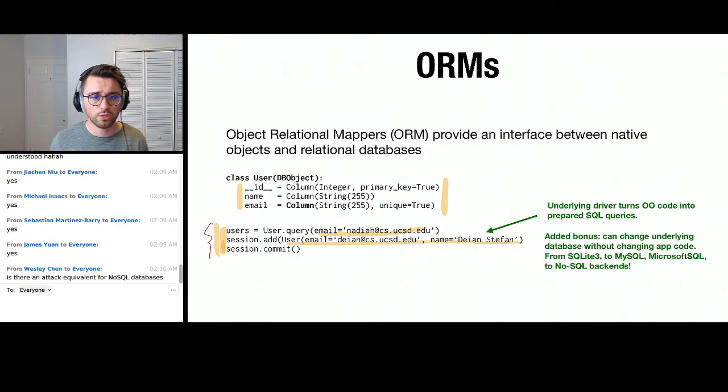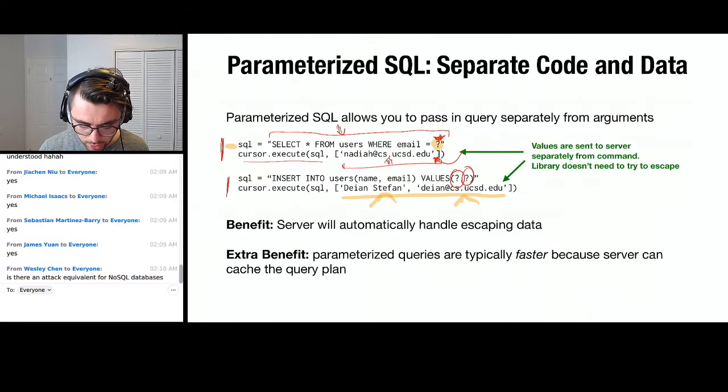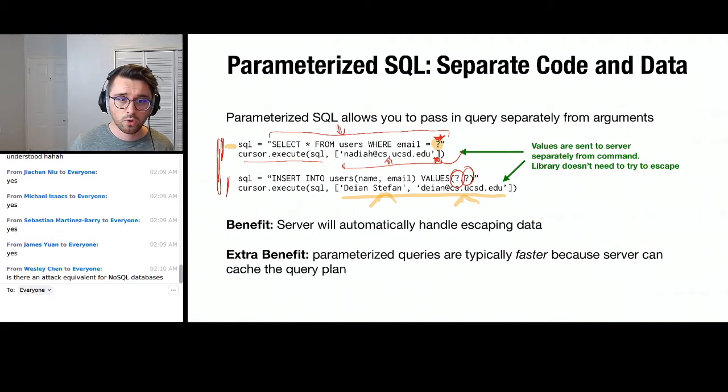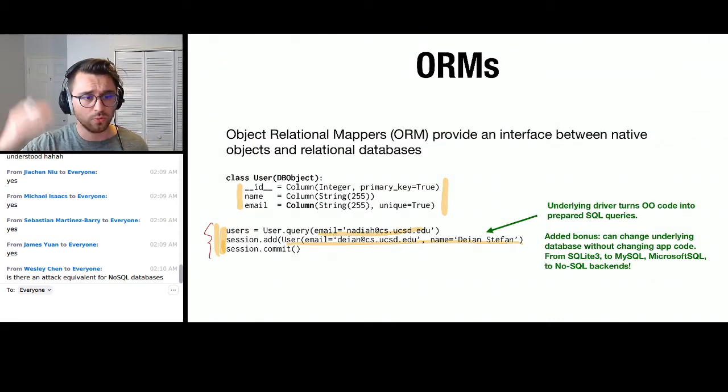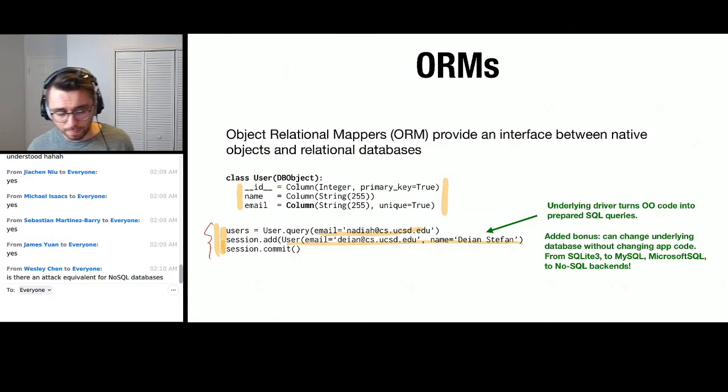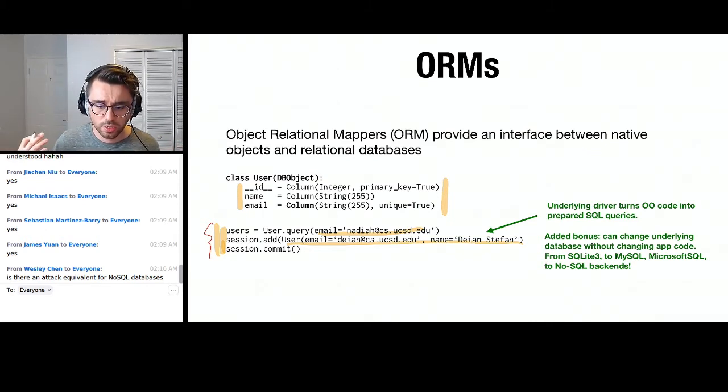Underneath the hood, if smart, it would use parameterized queries to do all the conversion to SQL for you. The other nice bit of ORMs, compared to parameterized SQL queries, is you can change the underlying database most of the time without any hassle.